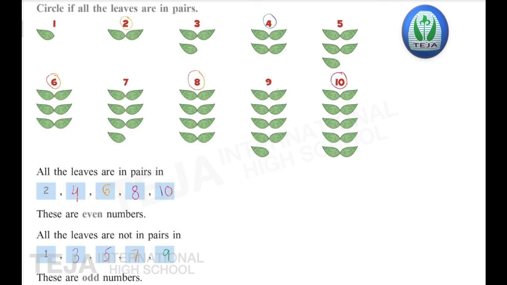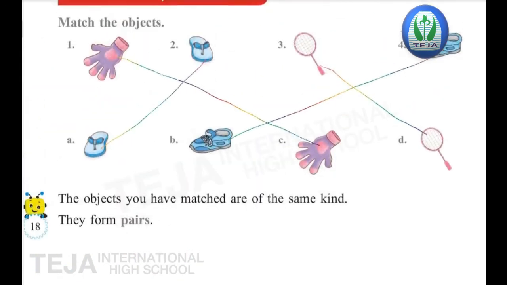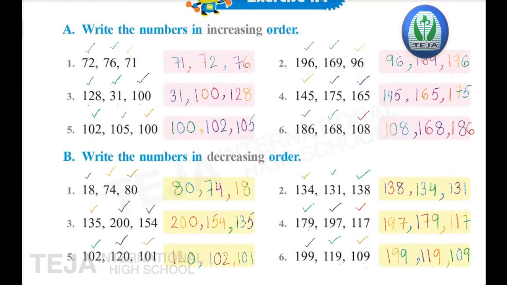Okay, children? The problems based on these even numbers and odd numbers we'll discuss in our next class. In today's class, we have learned about how to arrange the numbers in increasing order and in decreasing order.